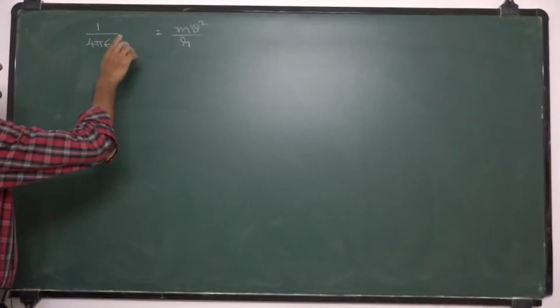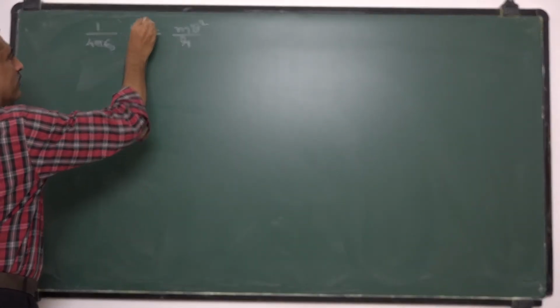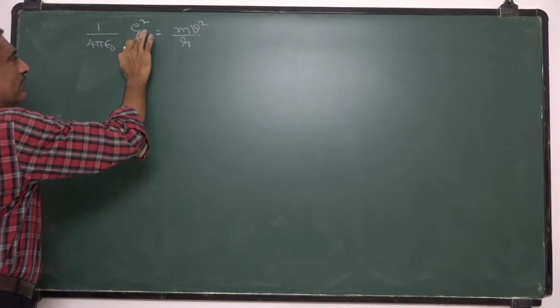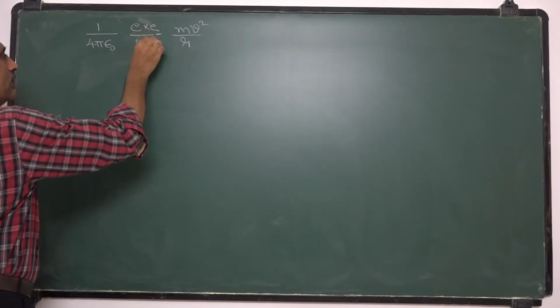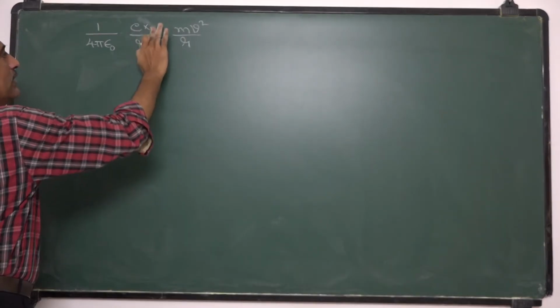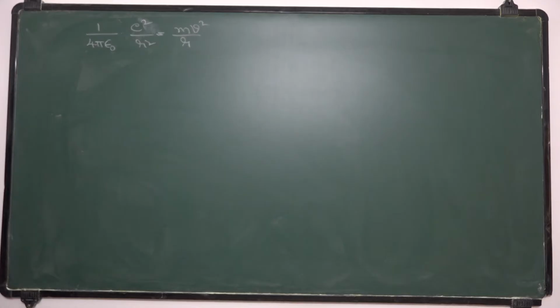So actually in case of hydrogen atom, we write only e square because it has 1 electron and 1 proton. That means e into e by r square, where r is the radius of the orbit. Actually we follow this equation.